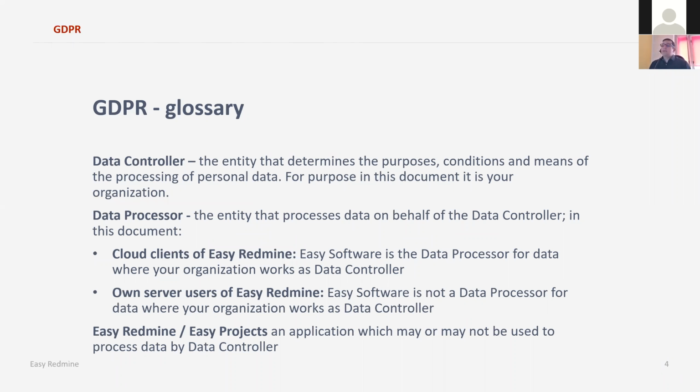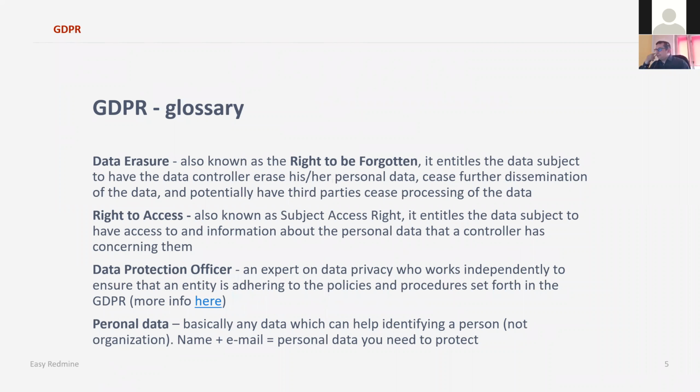We are not really a data processor if you have Easy Redmine on your premises. But for both our cloud clients and clients having Easy Redmine on their own server, we are the producer of Easy Redmine. That's the application in which you may or may not collect some personal data.